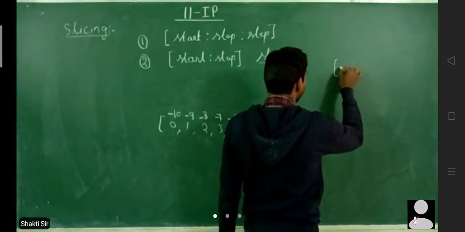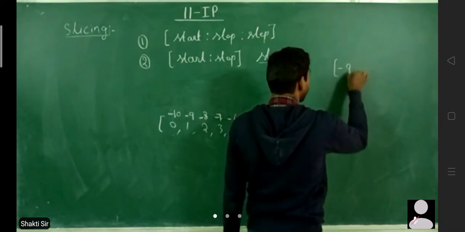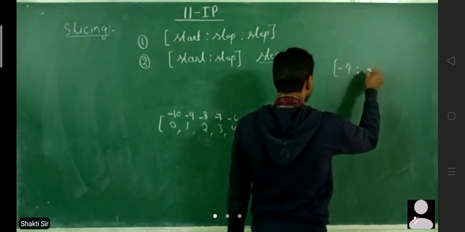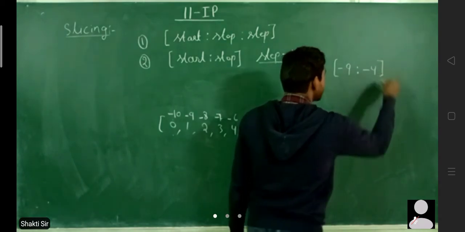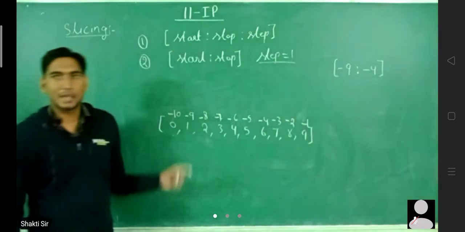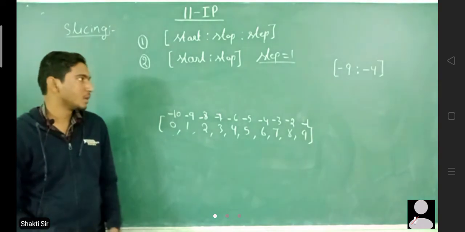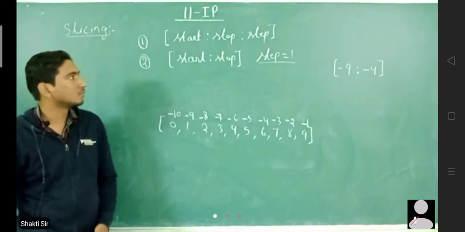Suppose I want from -9 to -4, so what will be the answer?